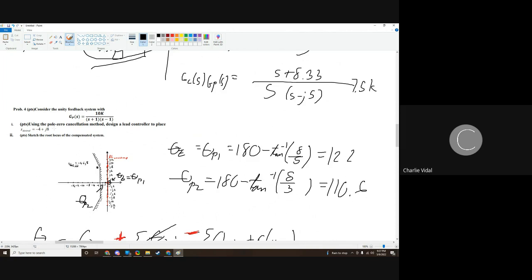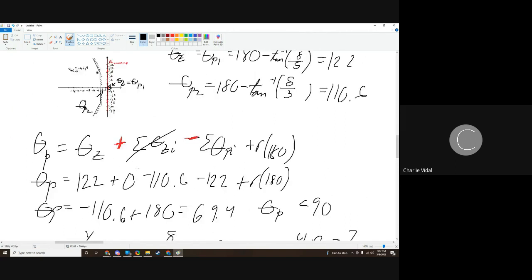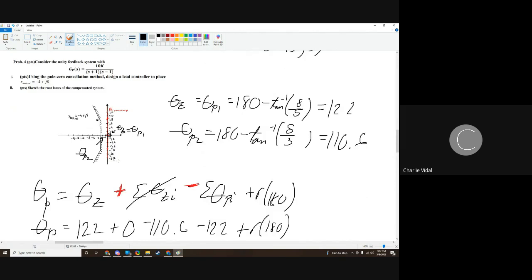And this one is at -1. This one's at 7. Not too sure about this one, actually.